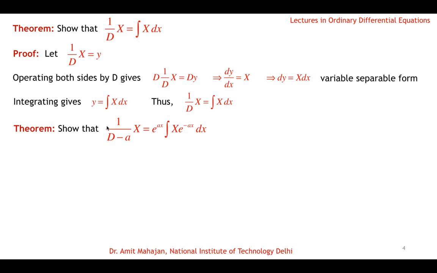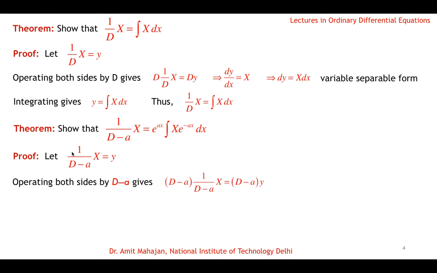So we'll prove this one again. Let the left hand side, (1/(D minus a))X, be y. In this case, let us operate both sides with D minus a. So (D minus a) operated on the left hand side equals (D minus a) operated on y, and since it is an operator and 1 over that operator, it becomes 1.